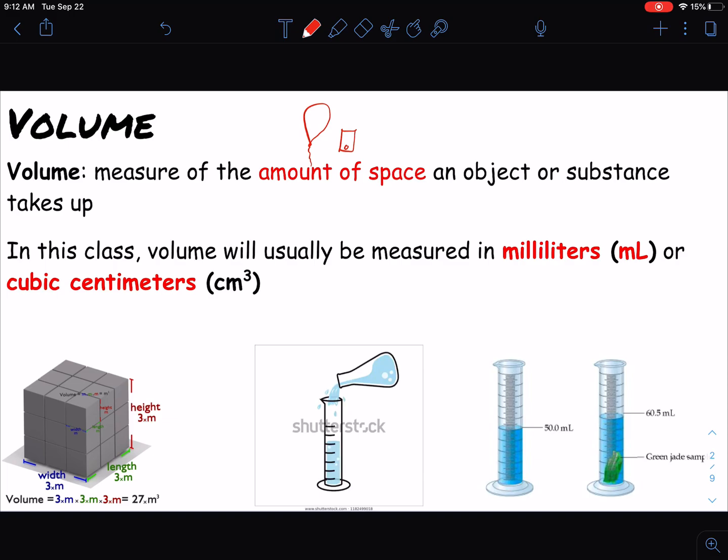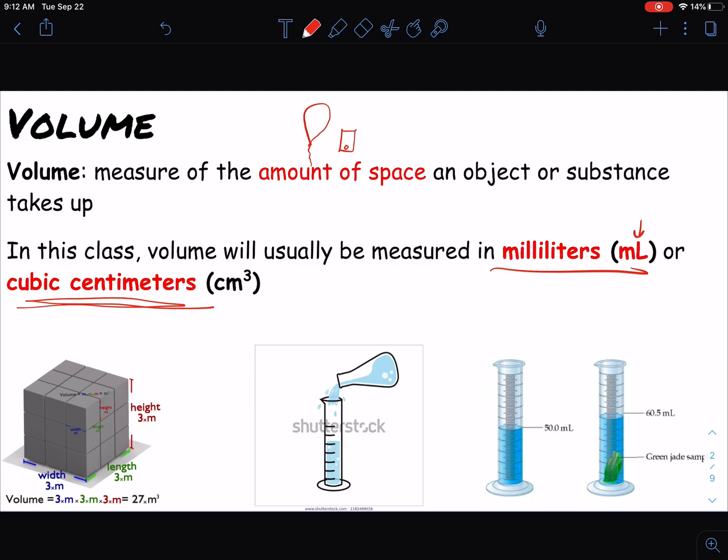And in this class, the two most common ways you're going to measure volume are milliliters and cubic centimeters. Remember, cubic centimeters is centimeters cubed. Milliliters, that L there, will be capital for liters, and the M stands for the milli part. And the pictures down here at the bottom are talking about the three different ways we're going to be measuring volume.